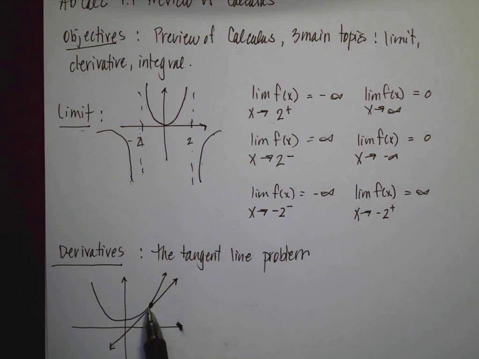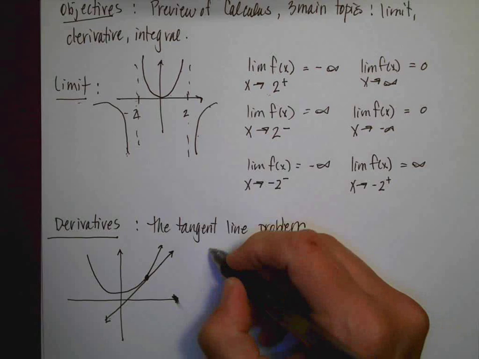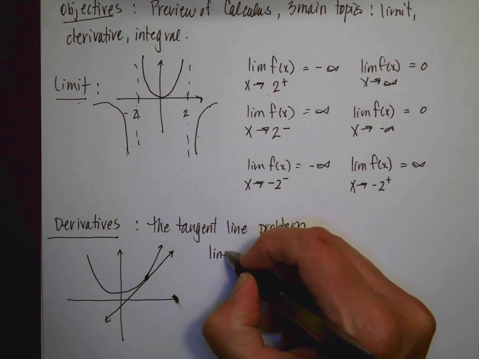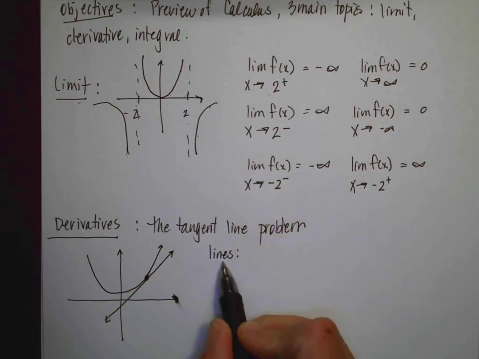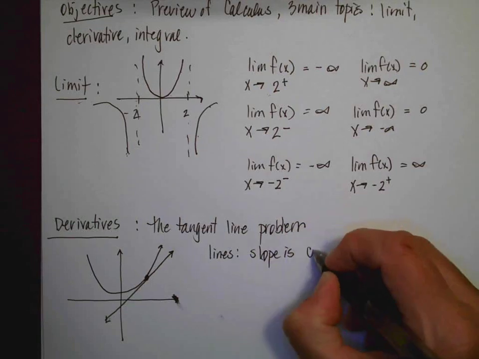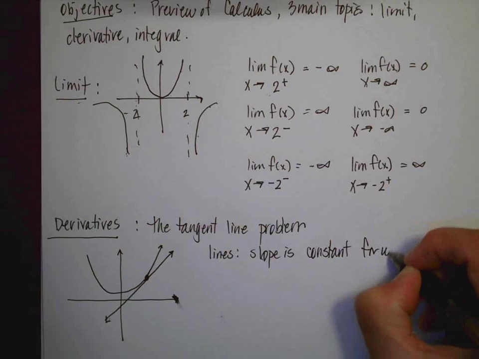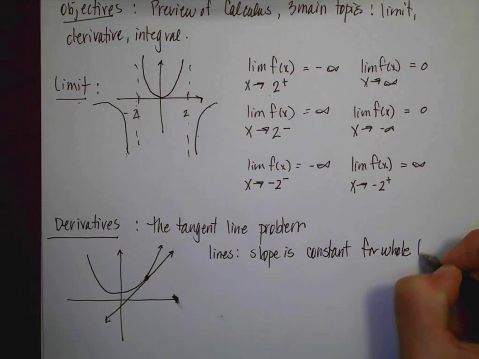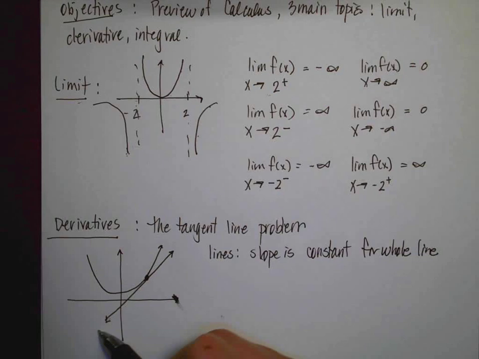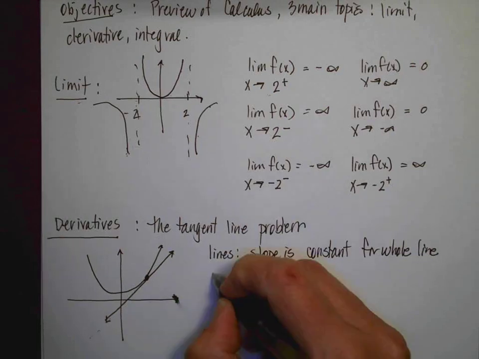So I have a tangent line to the curve at a specific point, and I have some ink blobbage. So if we talk about kind of the whole situation, for a line, the slope is constant for the whole line. And we've known that since Algebra 1, maybe even pre-algebra. So the slope of this line is consistent over the line.